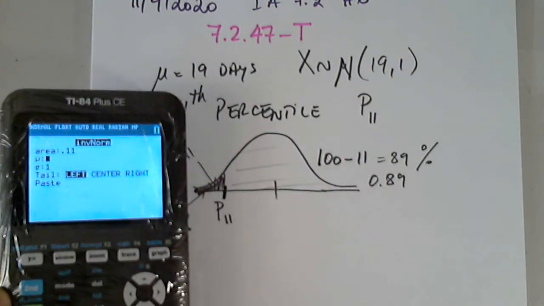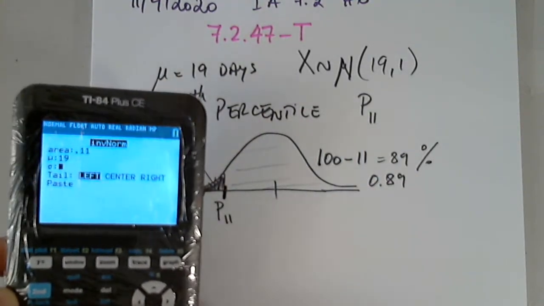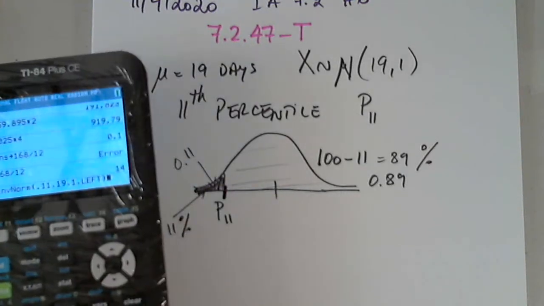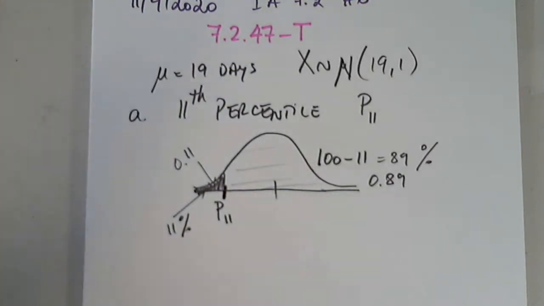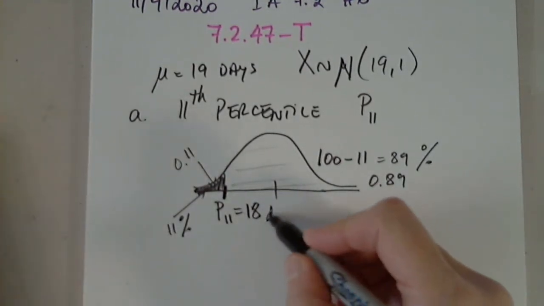The mean is 19 days. The standard deviation is 1, and it's left, and I get 17.77. They want us to round to the nearest whole number as needed. So I'm going to say that this is 18 days.